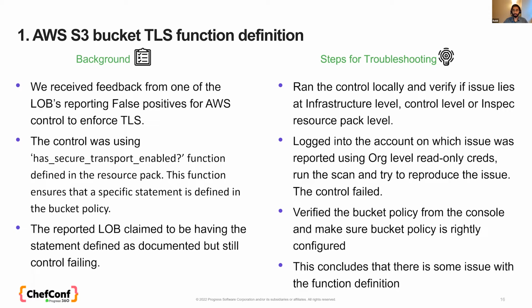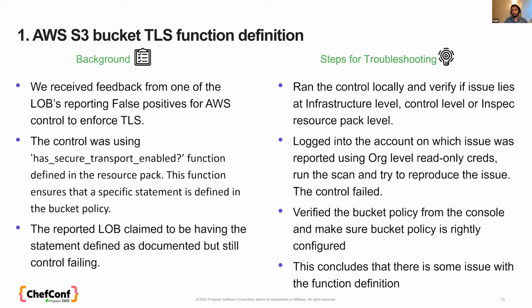So the first step that we took was we ran the control locally. We deployed a bunch of resources on our test account and ran the control against it, just to find out whether the issue lies at the infrastructure level, at the control level, or at the resource pack level.